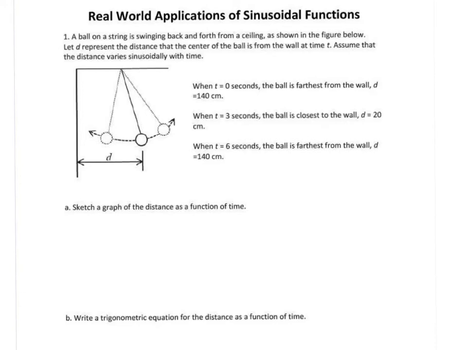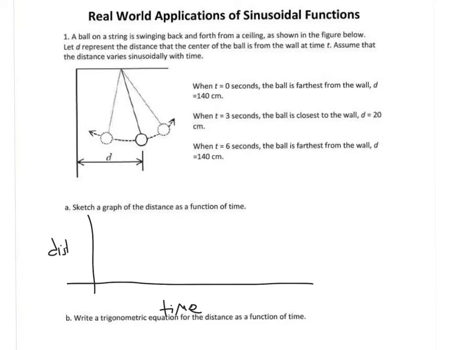All right, so number 1, a ball on a string is swinging back and forth from a ceiling as shown. Okay, good. I'm glad A is sketch a graph because that is the only way I know how to write an equation. The x-axis is time, and the y-axis is going to be distance in centimeters.